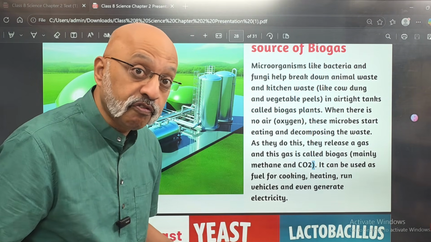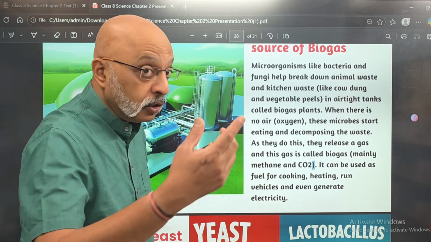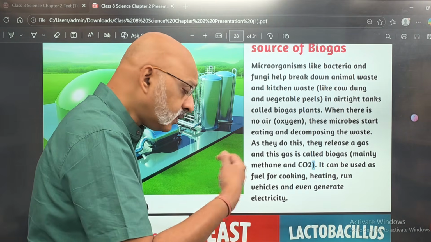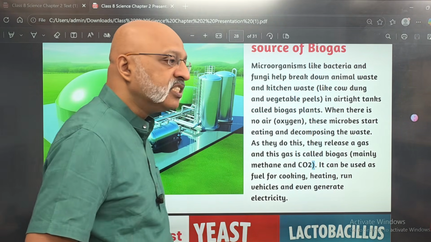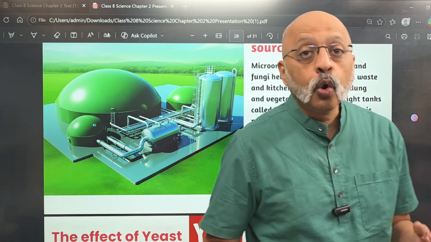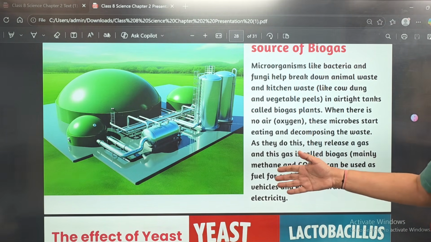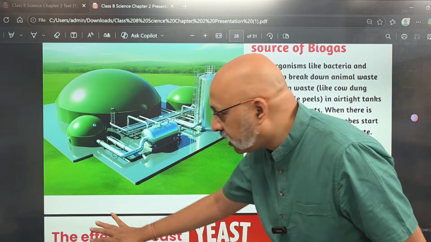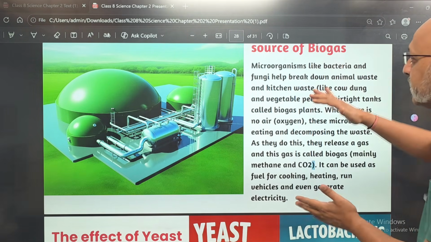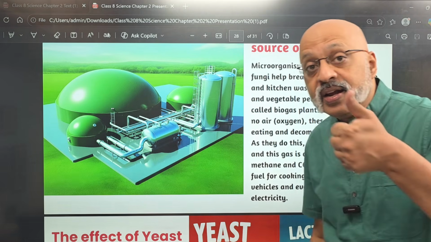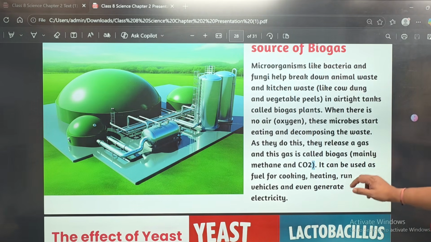It can be used as a fuel in order to do cooking, heating, run vehicles, even generate electricity. This is used mainly in the rural areas of our country. So biogas is something which is done like this. This gives you a visual idea, and this is the entire process of preparing biogas, which is mainly methane and carbon dioxide.